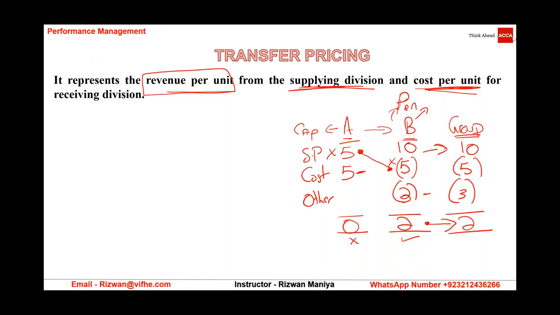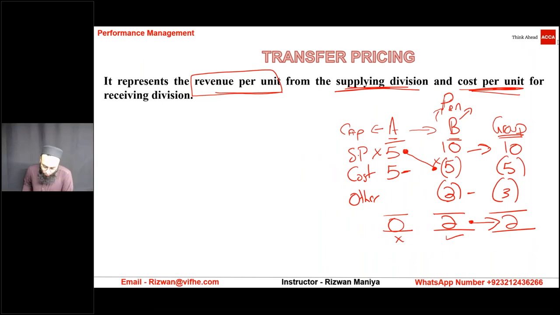Understood, guys? So at the group level, transfer price is not considered because it's an intra-company transaction. At the group, it is cancelled out.